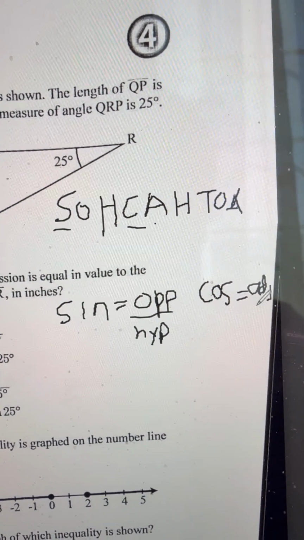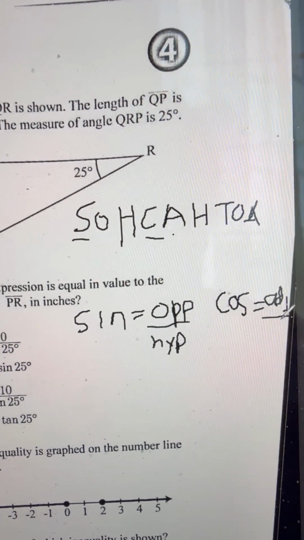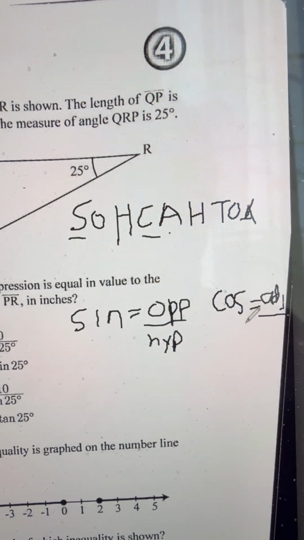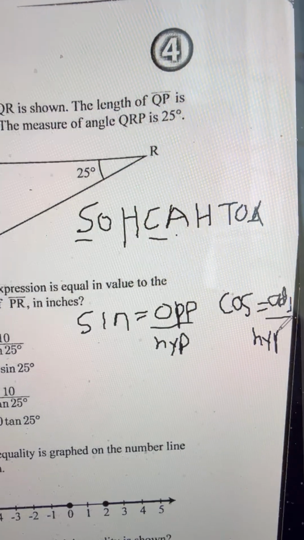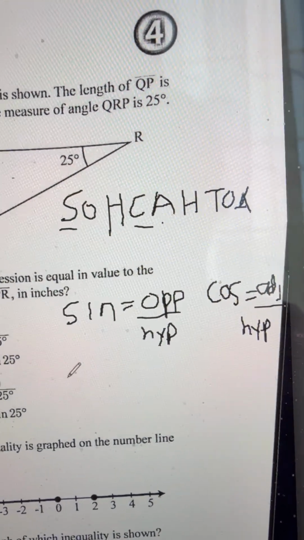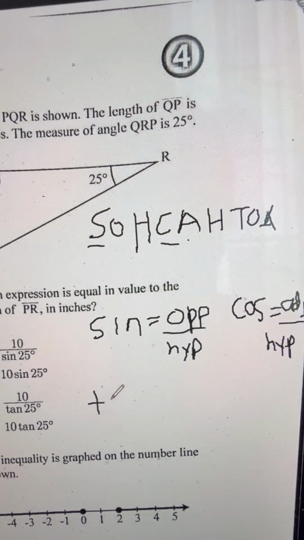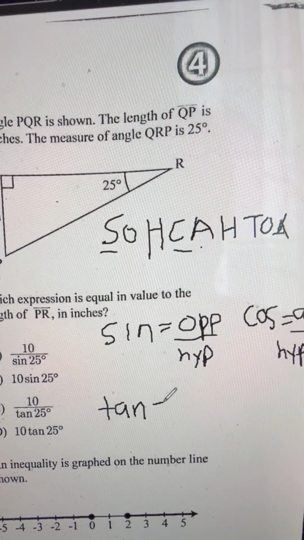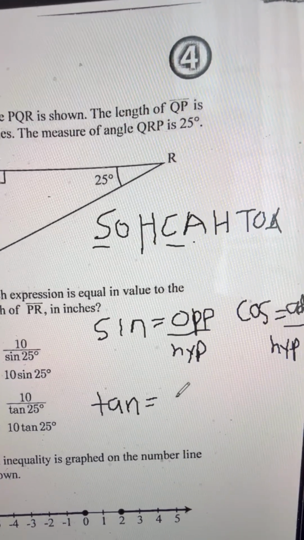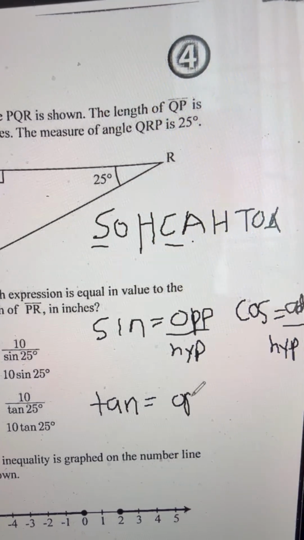I'm sorry, we're going to squeeze it in. Adjacent, and H stands for hypotenuse still. Then the T stands for tangent. We're just going to put that in here. It's going to be a little bit unorganized, but so be it. At least we're squeezing in the space here. The O still stands for opposite, and the A stands for adjacent.